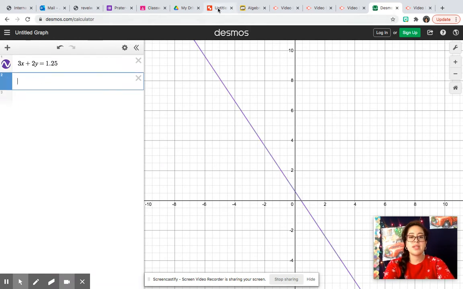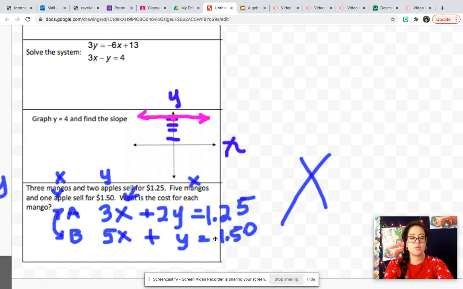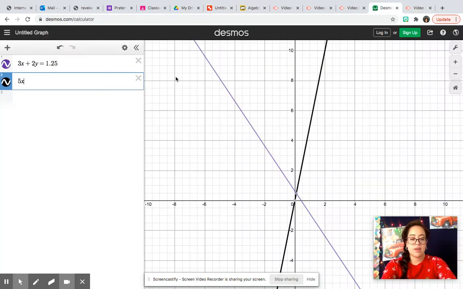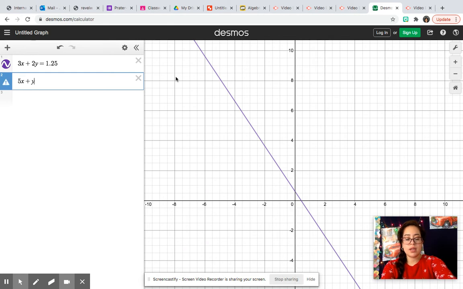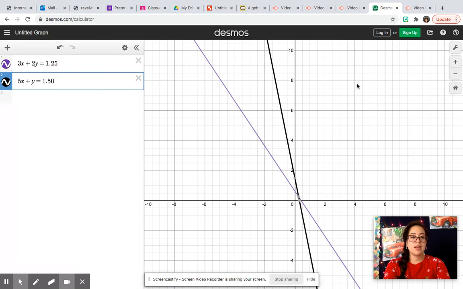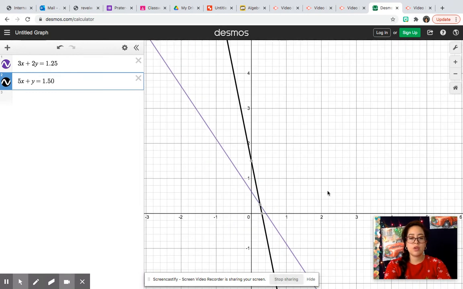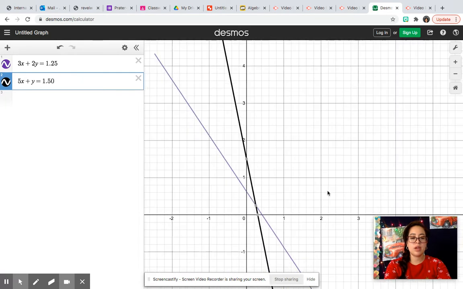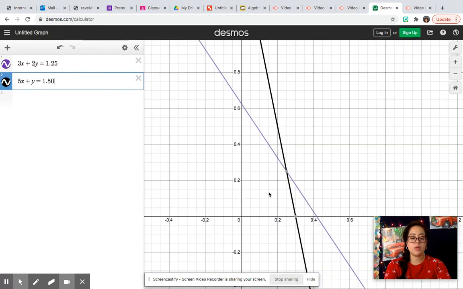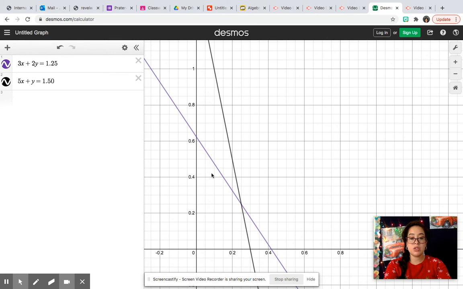And then my second equation is 5x plus y equals $1.50. Okay, now that I've put in my two equations, I can then check where the crossing point is. Now, I highly suggest that you zoom into the equations and then tap on the crossing point to see how much it costs.